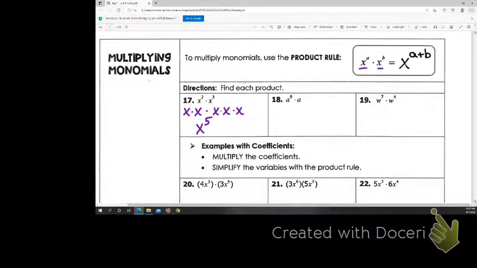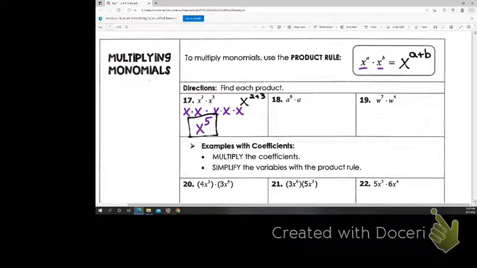Not x to the 6th, right? There's just 5 x's written out there. So we can see from that I could simply have done x to the 2 plus 3 to get the 5. So we don't need to write it out every time. I just wrote it out that time to kind of show you why the rule works.